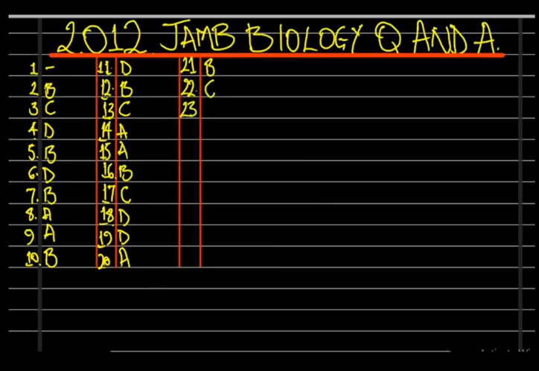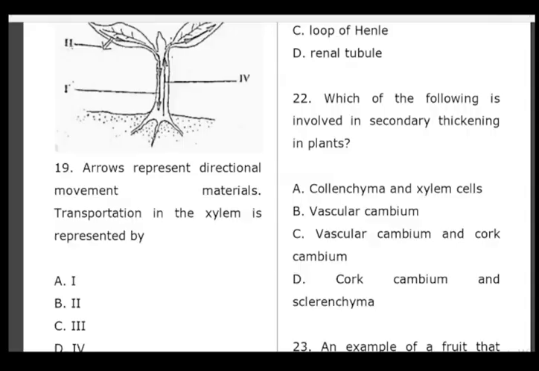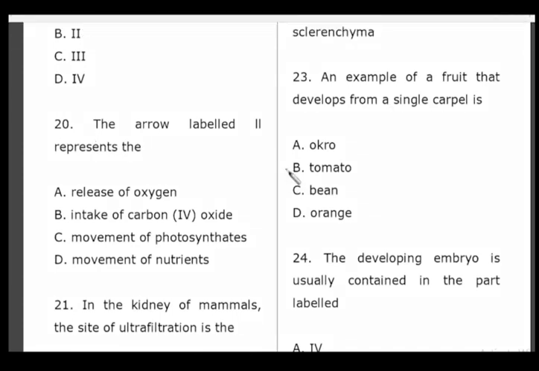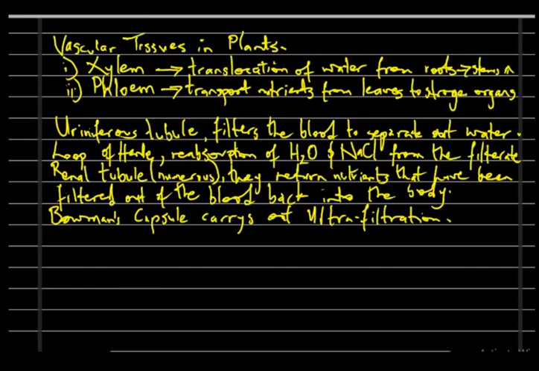So 23 says, an example of a fruit that develops from a single carpel is A. Okra, B. Tomato, C. Bean, and D. Orange. If we want to understand this question, we need to understand what single carpel means. When we talk about single carpel, we're talking about monocarpous gynoecian plants.